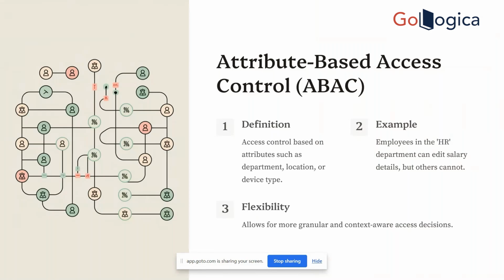So according to his attributes, we are giving him some access. If I take a person who belongs to HR, the person's department is HR. So according to his department he can edit the salary details, not other guys who do not belong to that particular department.